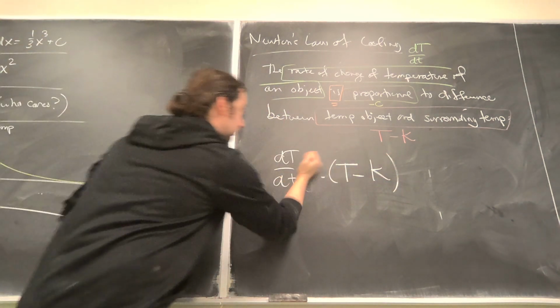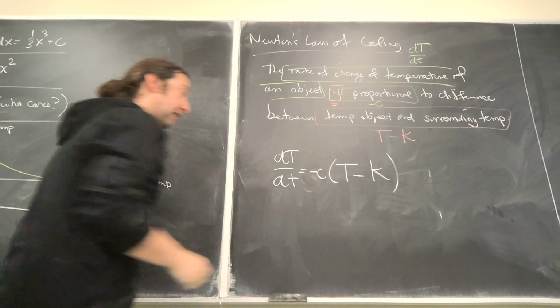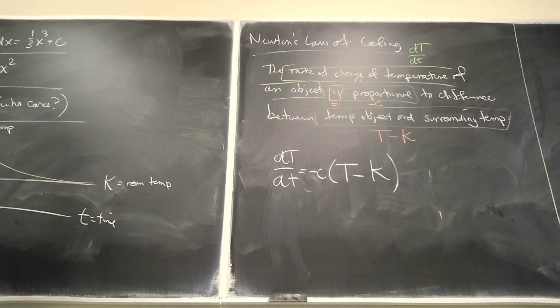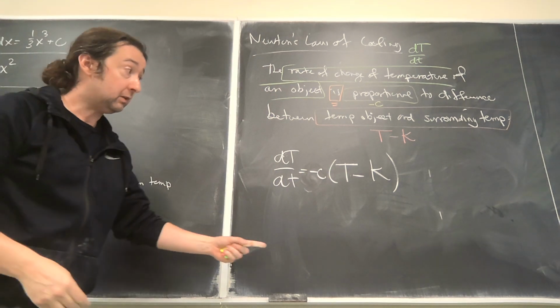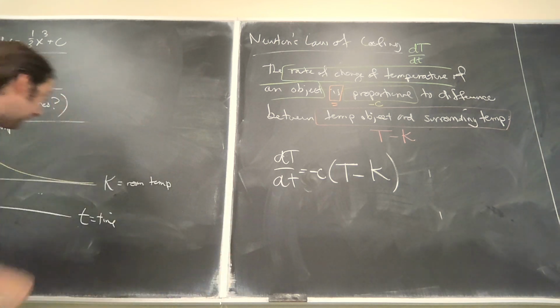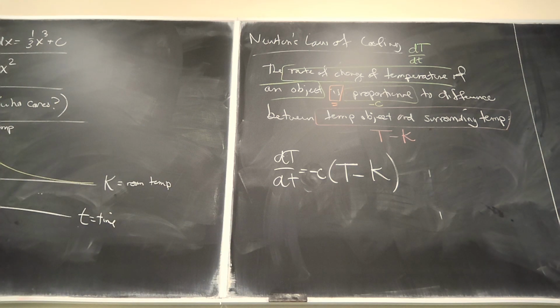And that is a differential equation. The unknown, the function T of t right here, that is the function that makes this graph. So the unknown of that equation is the function that makes this picture.